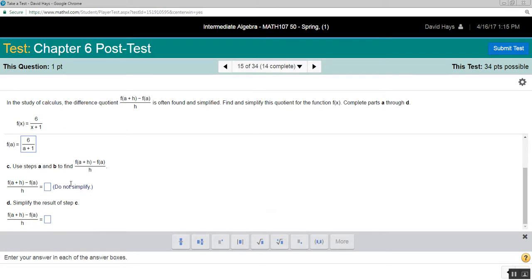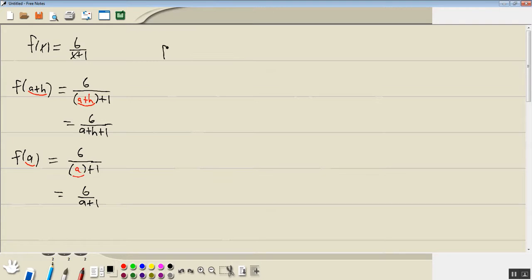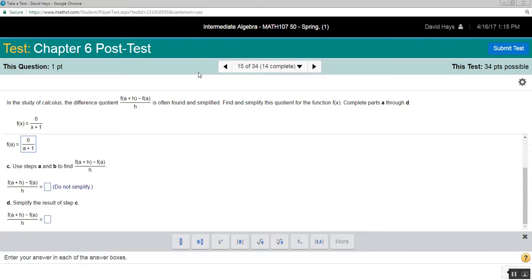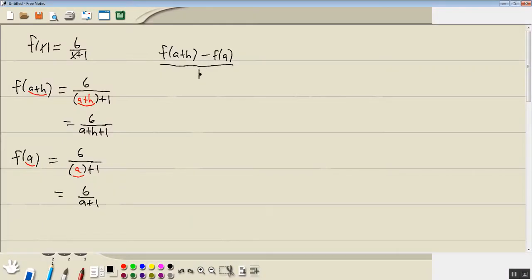Now it says we want to find f of a plus h minus f of a over h. So we're going to plug in what we just found. So this is 6 over a plus h plus 1, that's my f of a plus h, minus f of a, which we said was 6 over a plus 1, all over h.